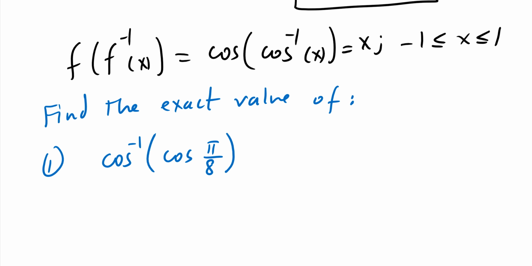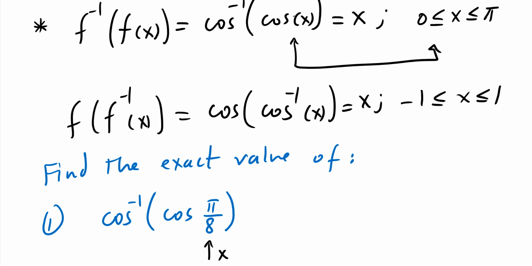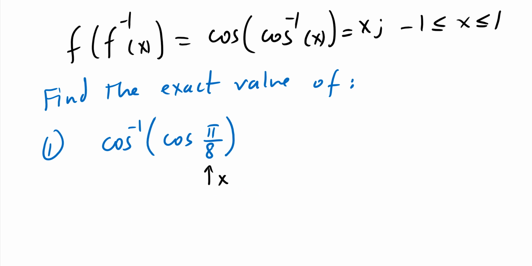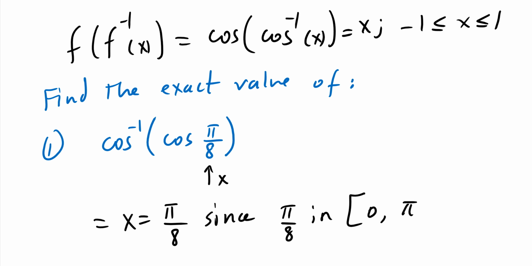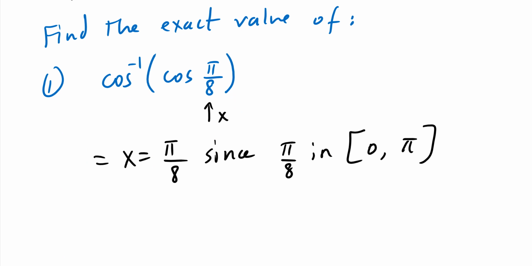So the x value is this. Is the answer x? Well, it depends. Does x go from 0 to pi? Does it fall in there? Yes. So then it is x, or in other words, pi over 8, since pi over 8 is in 0 to pi. So that's fine.